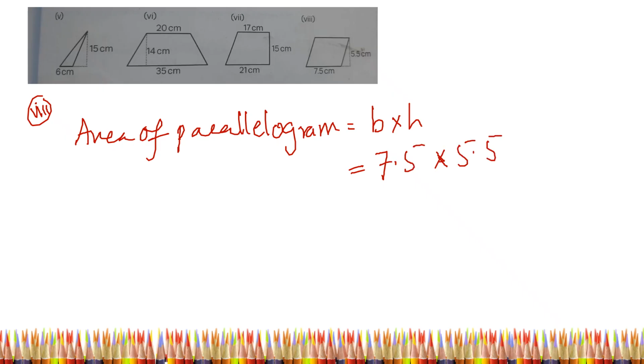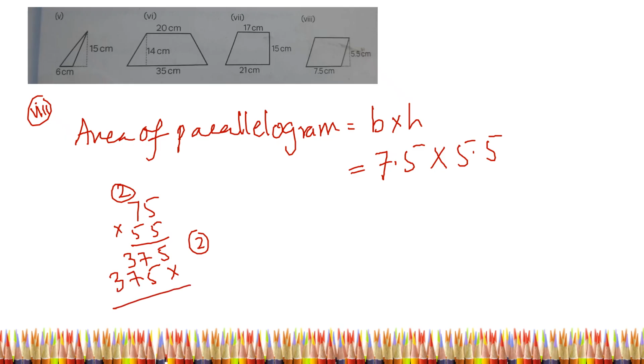Now if you think decimal multiplication is difficult, what you can do is forget the decimals and multiply without using the decimals, like this. 75 and 55. 5 5s are 25, 5 7s are 35, 36, 37, and then again 5 5s are 25, 5 7s are 35, 36, 37.